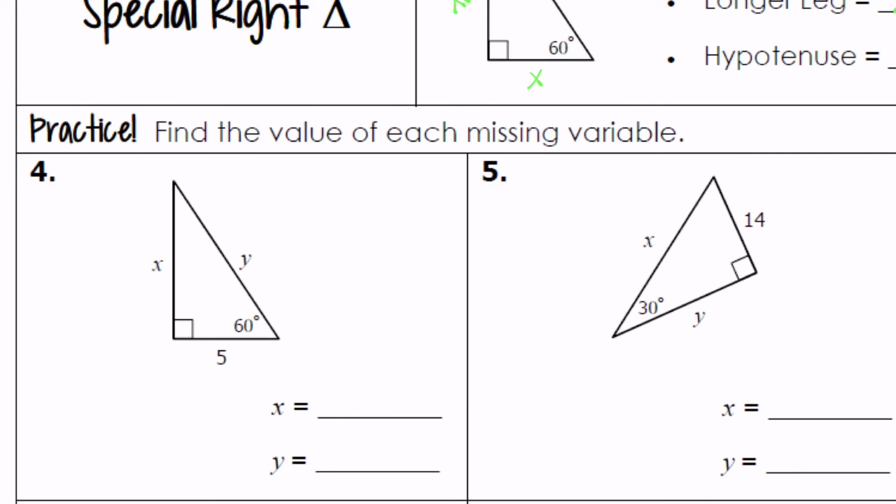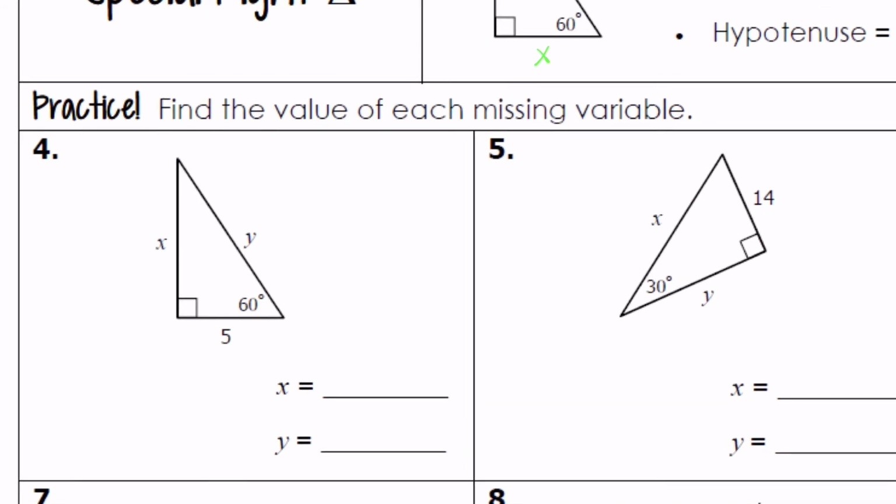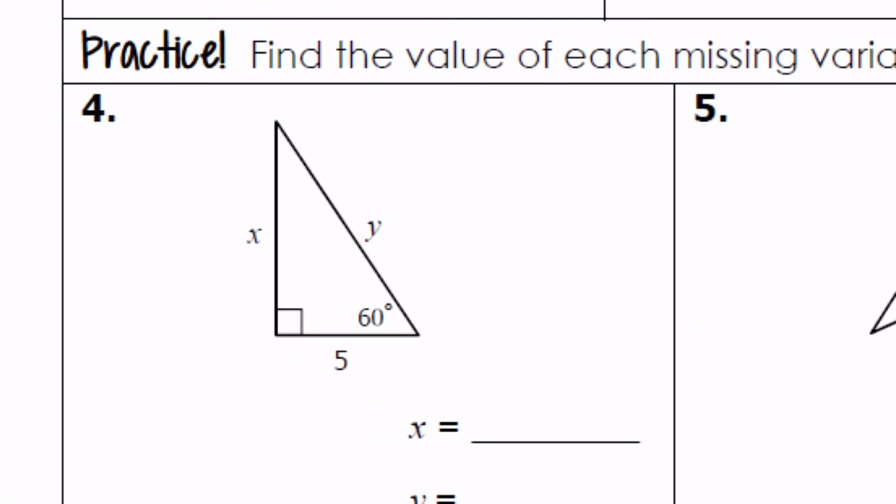All right. So in this triangle, if this is my 60-degree angle here, that means this is my 30-degree angle. So the side that I'm given, 5, is the one opposite my 30-degree angle. That means it is the shorter side.